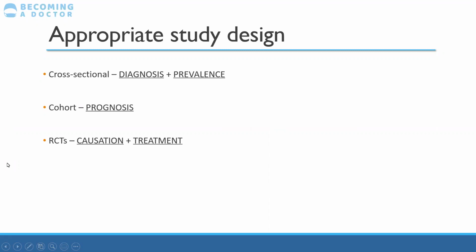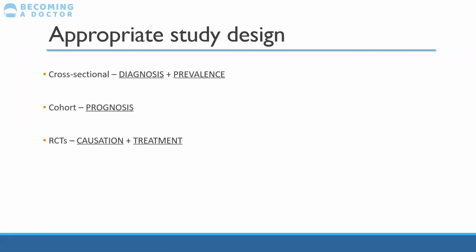So why do we not always conduct randomized controlled trials if they are the most reliable that we can use? Even though they do have less bias, some studies are a lot more suited to different scenarios. Cross-sectional studies are really good at studying diagnosis and prevalence of different conditions.